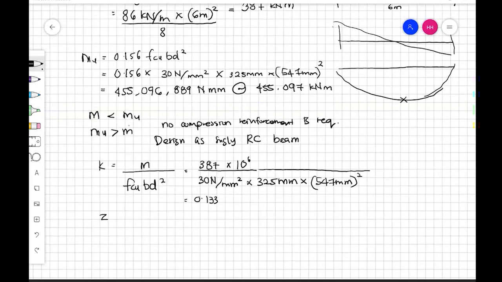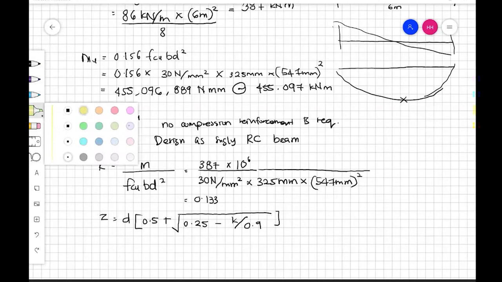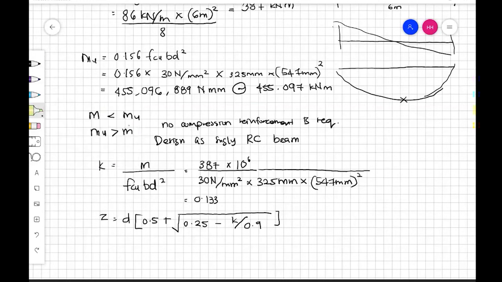D, 0.5 plus square root of 0.25 minus K divide by 0.9. Yes. Okay. So macam mana nak kira, I boleh repeat balik step. Macam mana kira. You kira ni dulu mula-mula.